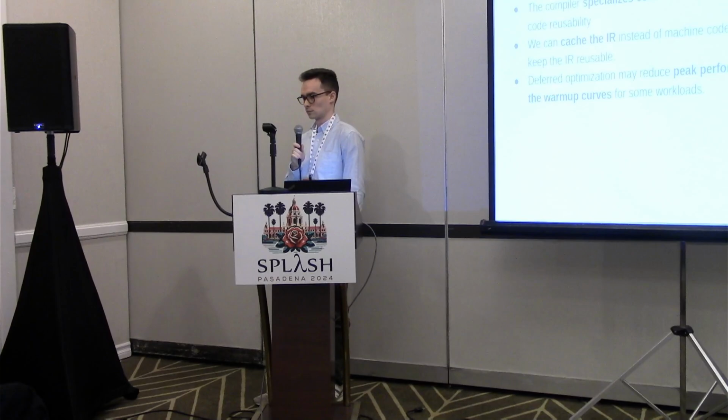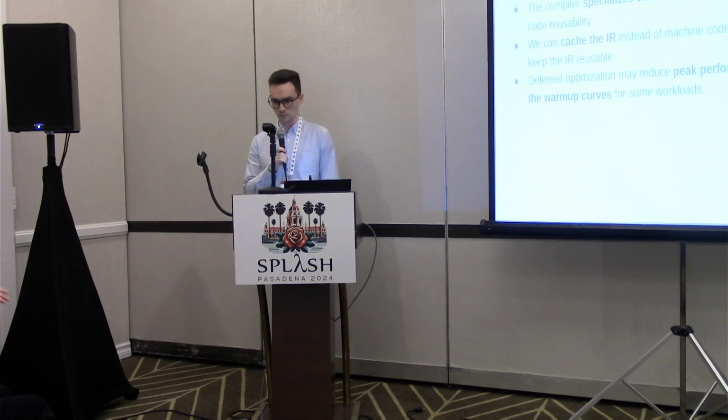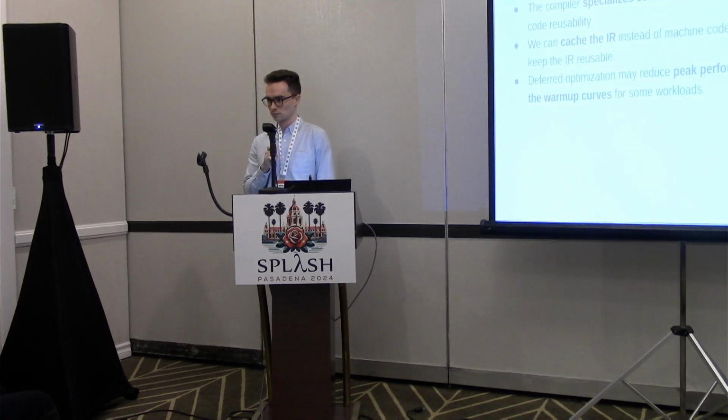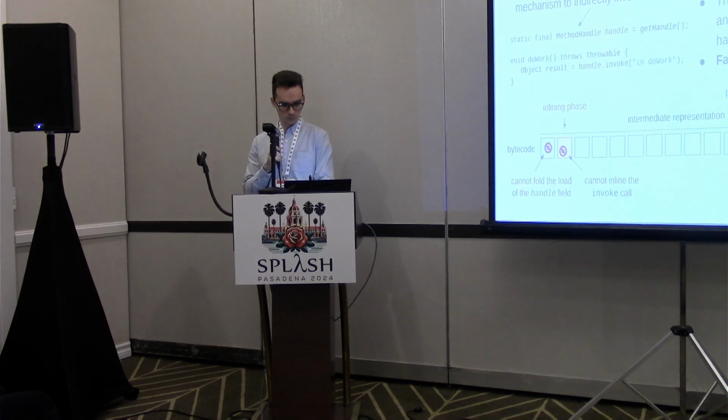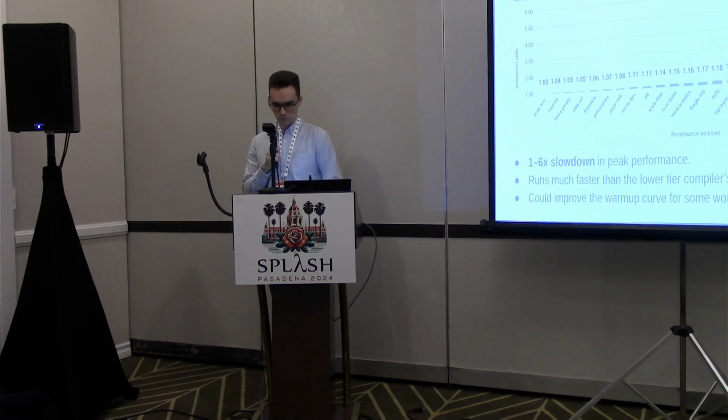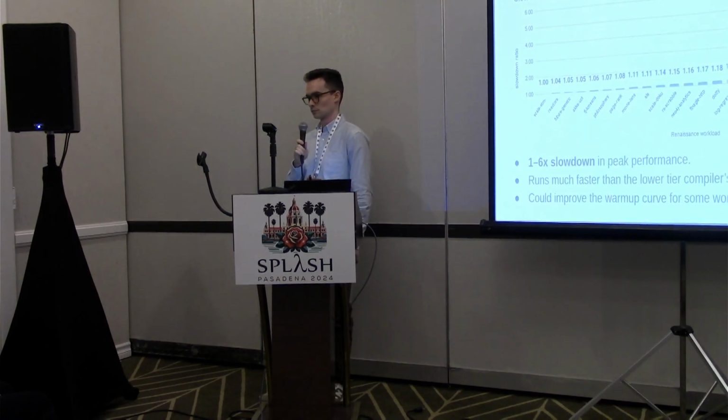Thanks. Just two questions, actually. One, you showed us peak slowdowns and peak performance, but is there an idea that you can get for actual savings on warm-up for each of these?